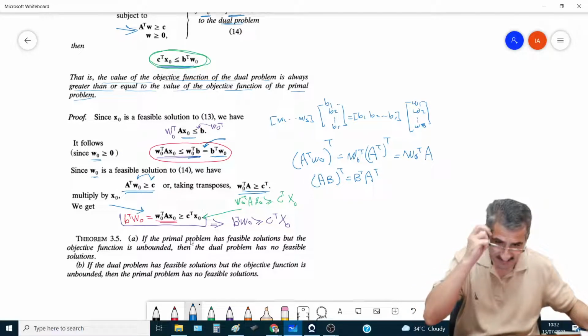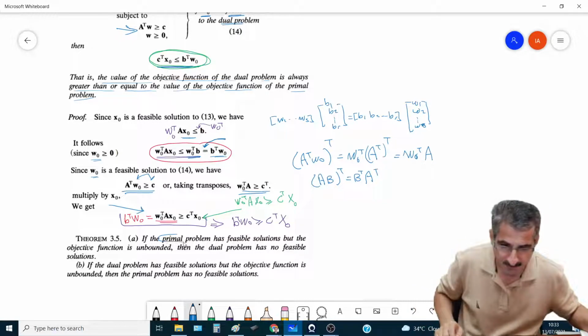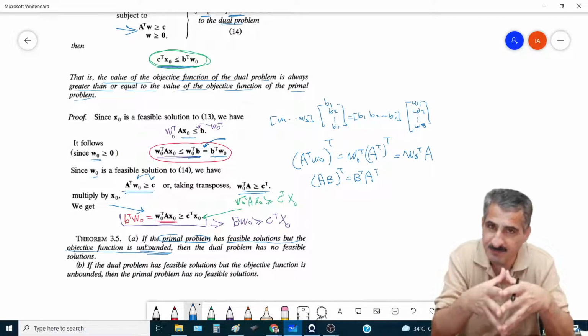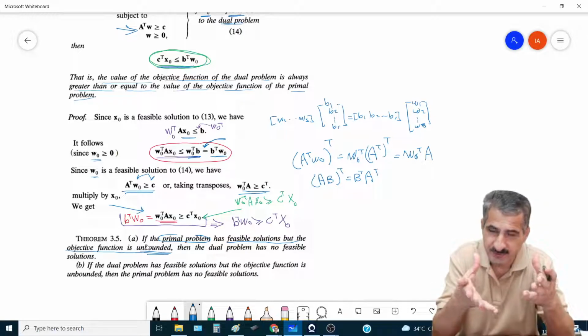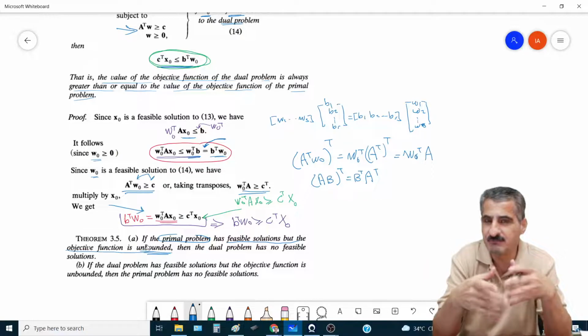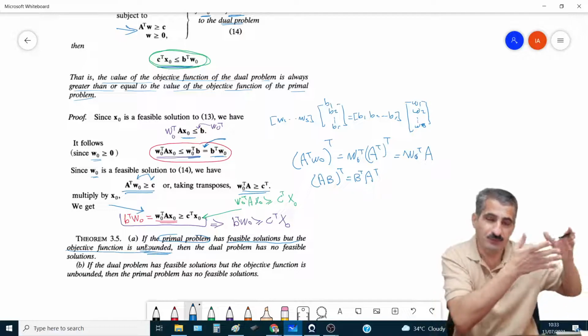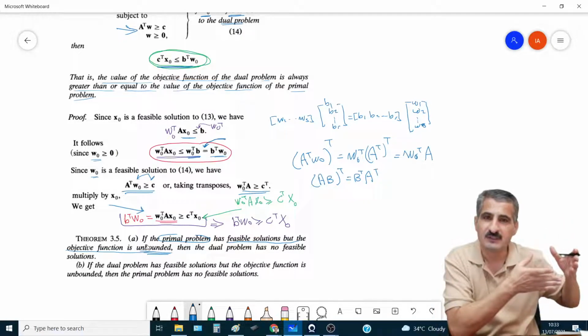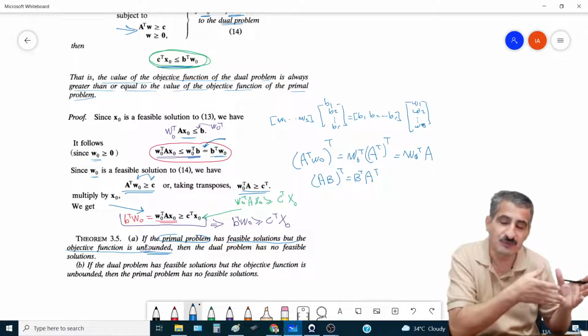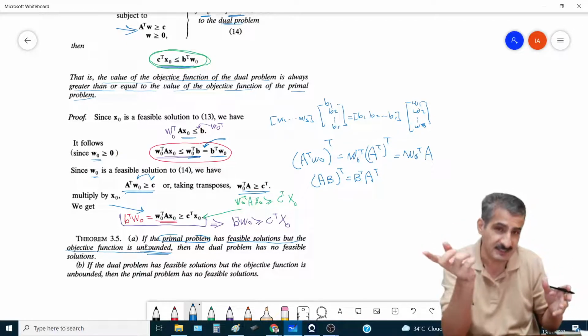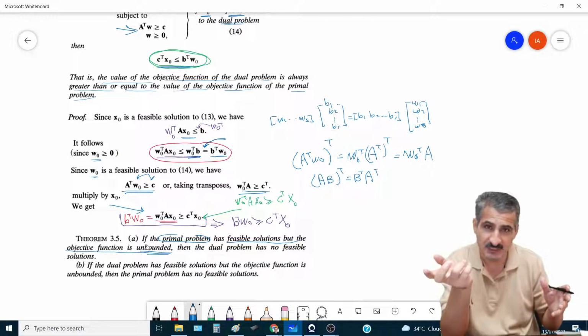Now, we are saying here, if the primal problem has a feasible solution but the objective function is unbounded, what does that mean? It means the primal problem has a solution, say x naught, but the value of the objective function is infinity, is unbounded. Now, the duality theorem says that the value of the objective function of the dual must be bigger than the value of the objective function of the primal problem.